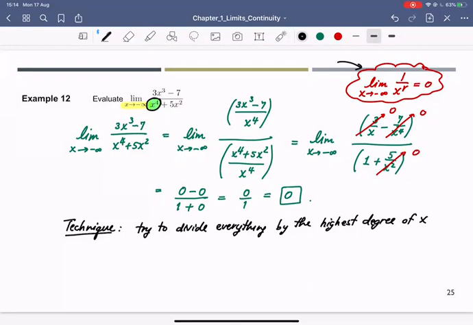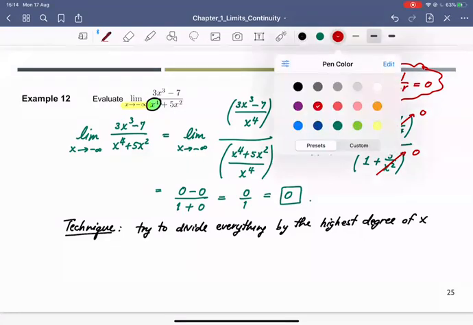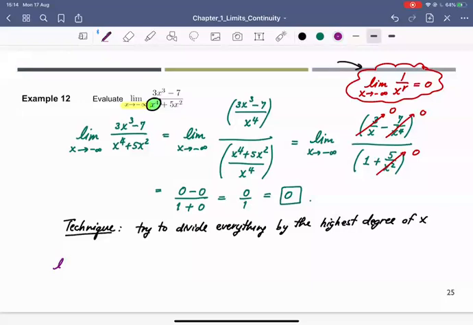Some of you have learned more than that. Some of you have learned something from high school, which is a good technique. If you see a rational function, this is the tip.